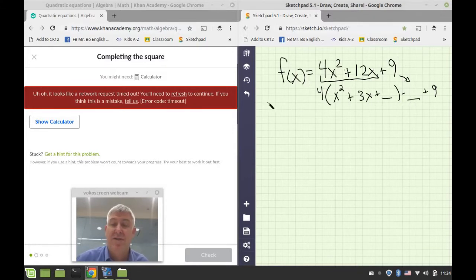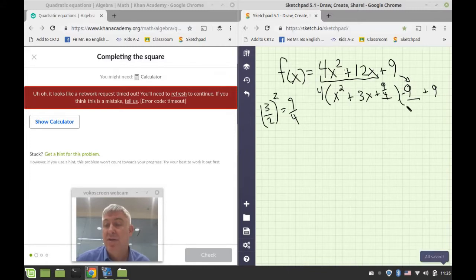So let's go back over here, and the number we need is 3/2 squared. We take that 3, divide by 2, square it, and that's 9/4. So I add 9/4. And I'm going to subtract something, but it's not 9/4, because this is actually 9/4 times 4, so it's subtract 9.